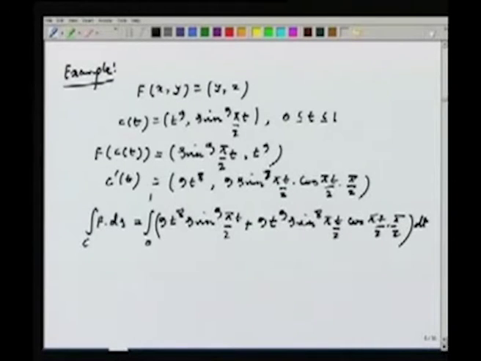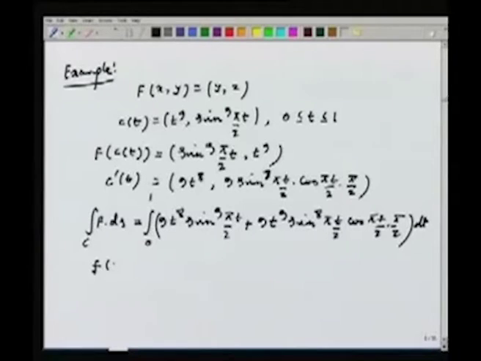So instead of that, what we have observed in the previous case, we will try to do that. That is, I will try to realize this capital F as the gradient of some function, and that is very easy. I will just look at this function f(x,y) equals xy. This implies then that grad f at (x,y), that is del f del x, which is y, comma del f del y, which is x, is capital F at (x,y).